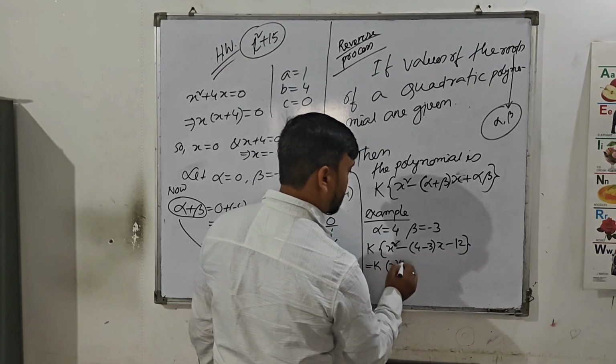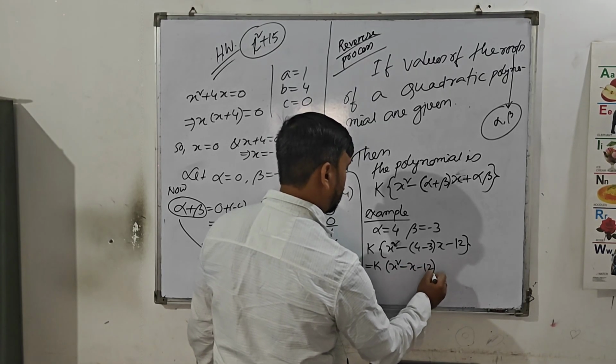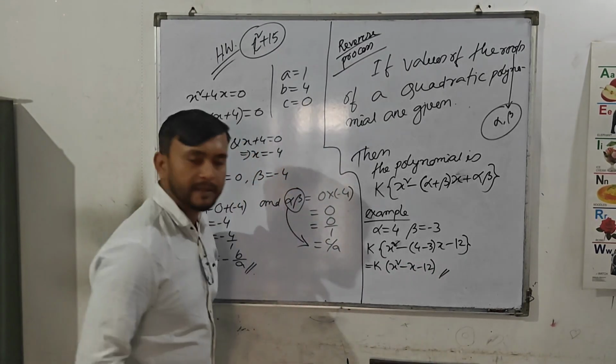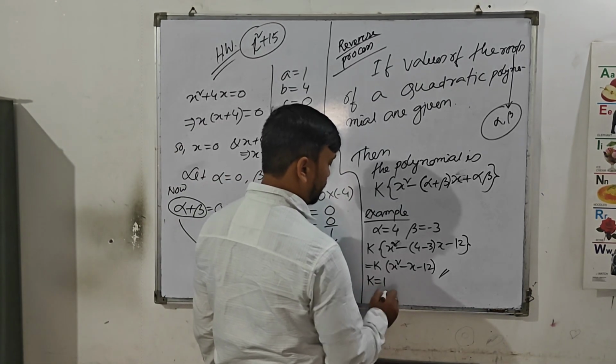It will be x square, 4 minus 3 is 1, minus 12. So this is the polynomial. Now you may ask what is the value of k? In this case, k will be 1.